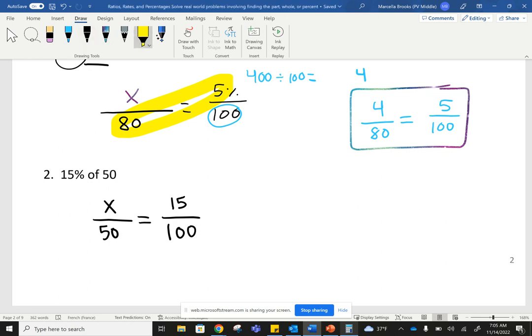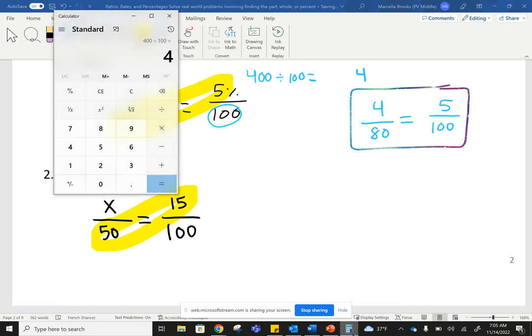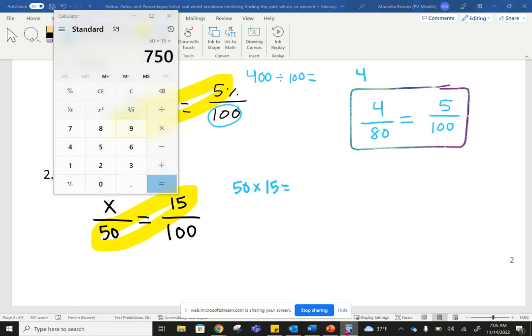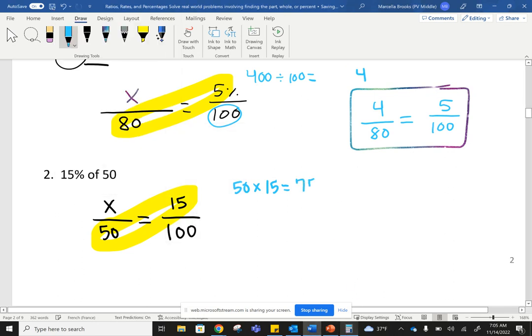And then we're going to cross multiply. So 50 times 15 equals, 50 times 15 equals, what was it, 750? Yep. And then we're going to divide by the only number that's left.